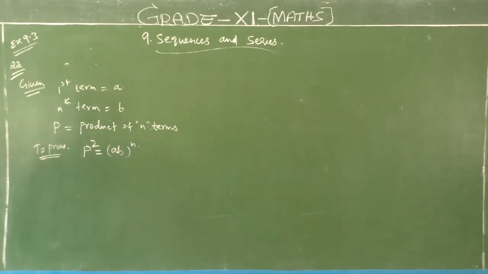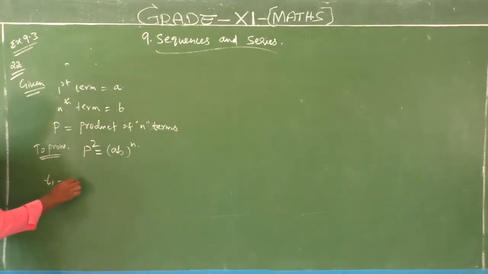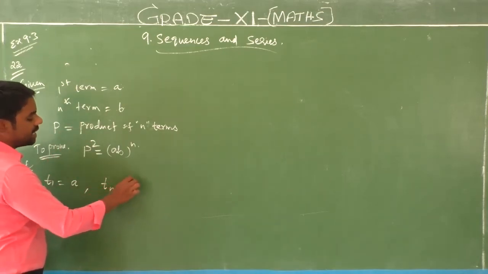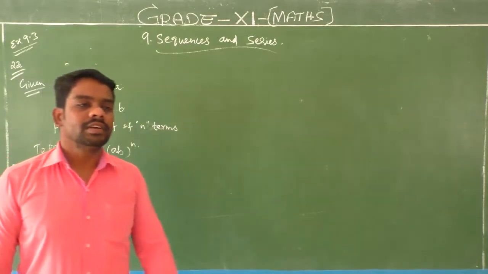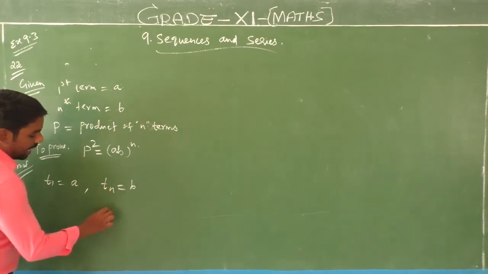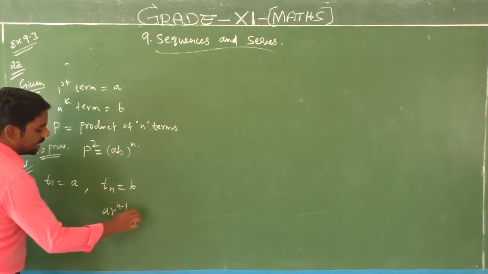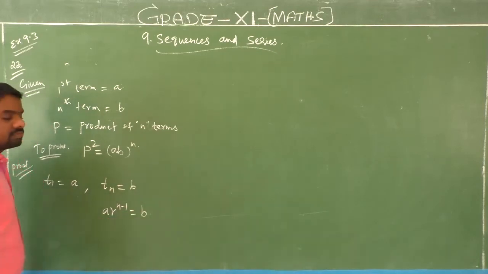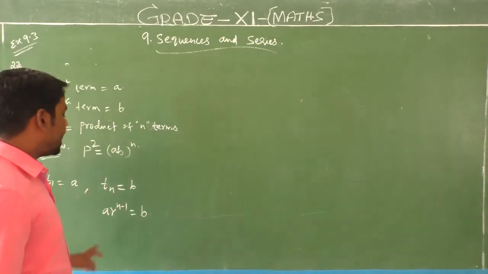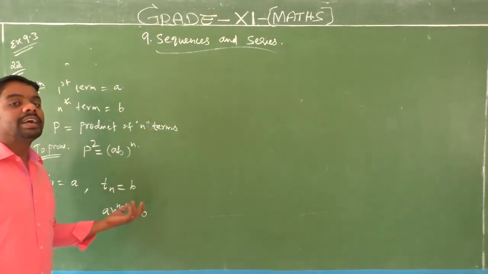Geometric progression. The first term is A, that is T1 is equal to A, and the nth term Tn is equal to B. We know that the nth term of the geometric progression is A r power n minus 1.